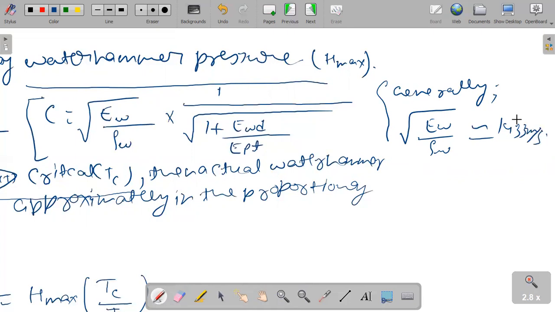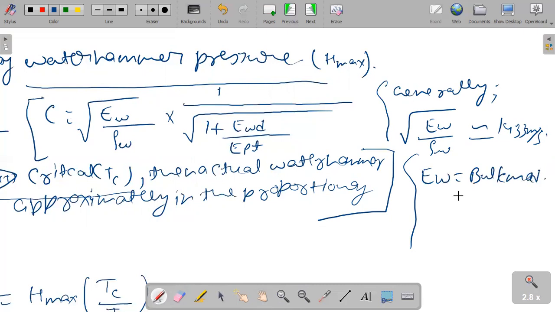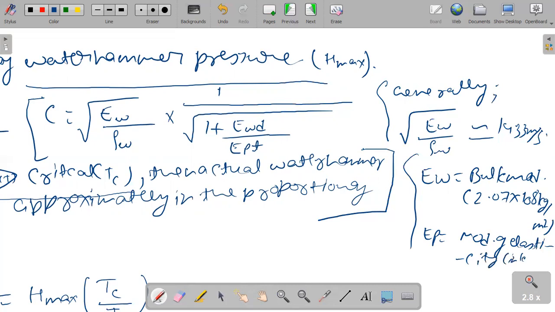EW is basically the bulk modulus, and its value is 2.07 × 10^8 kg per meter square. EP is the modulus of elasticity in kg per meter square.